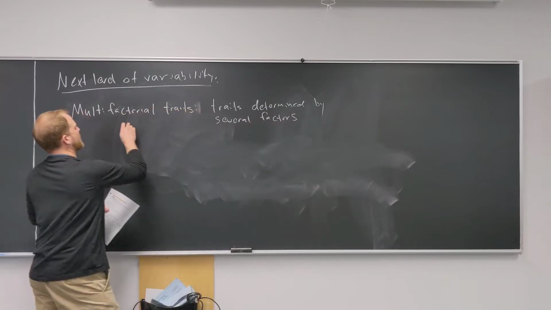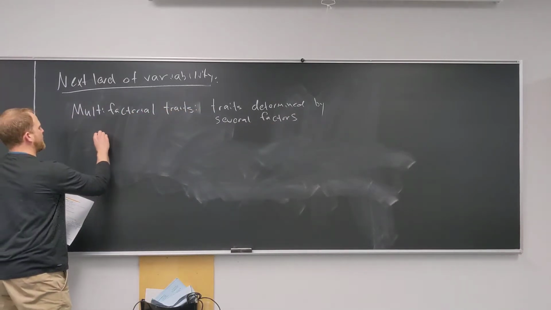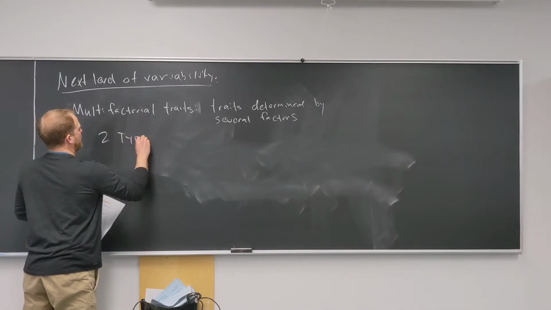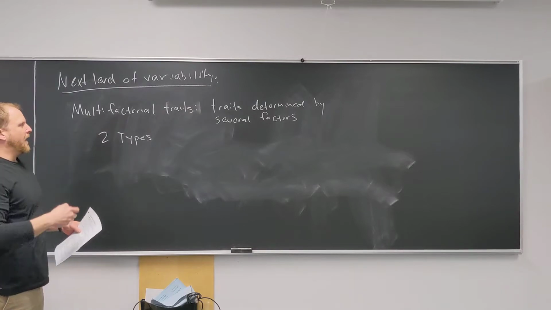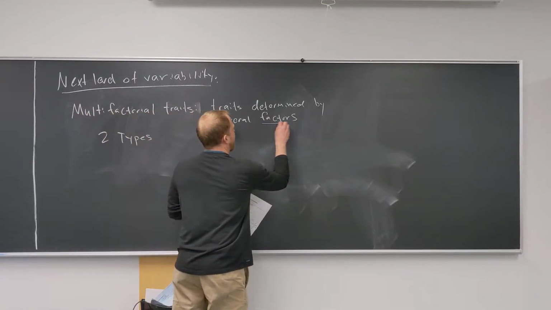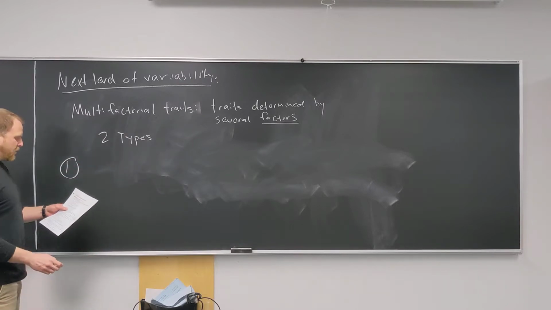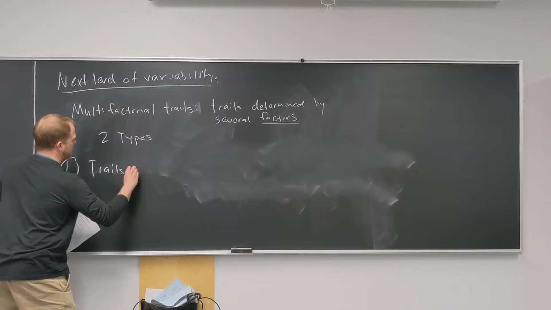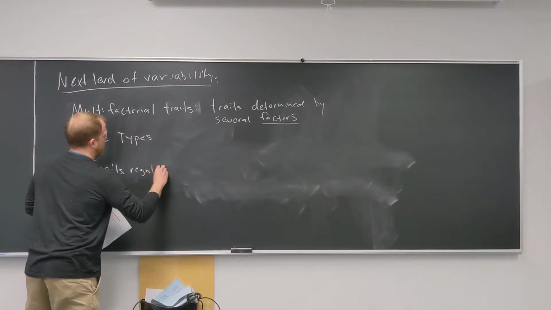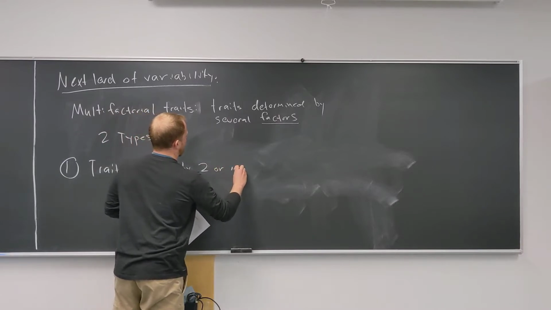Okay, multiple factors, multifactorial traits. Okay, and there are two main types of these multifactorial traits. And it really depends on what these factors are. Okay, so this first type of multifactorial trait are going to be traits regulated by two or more genes.